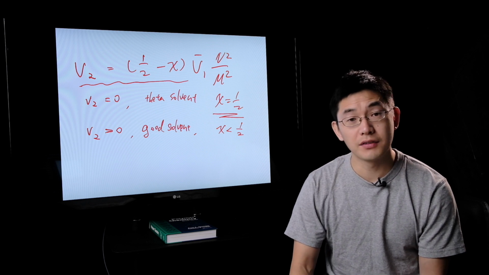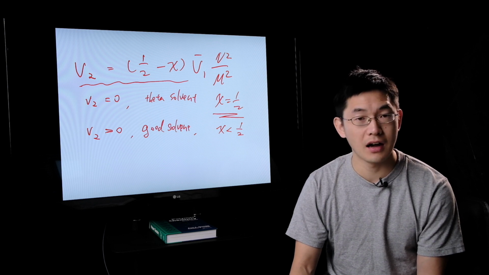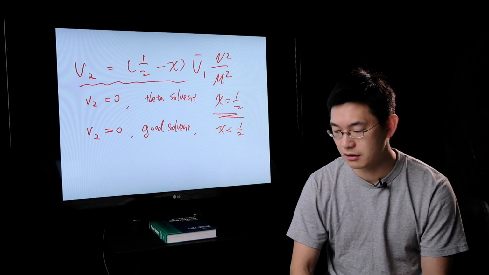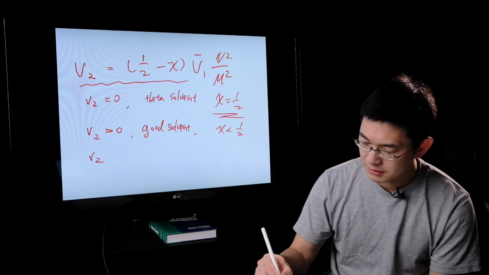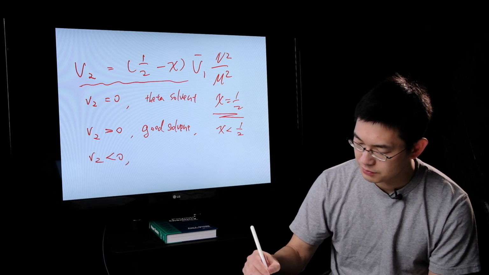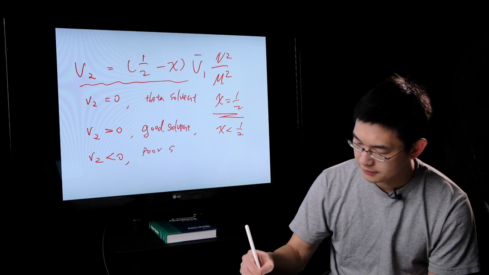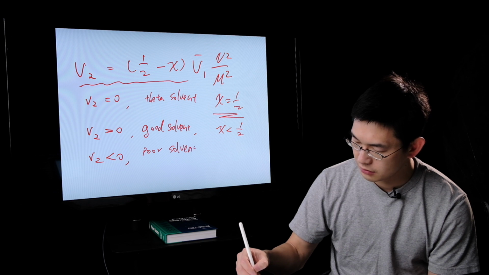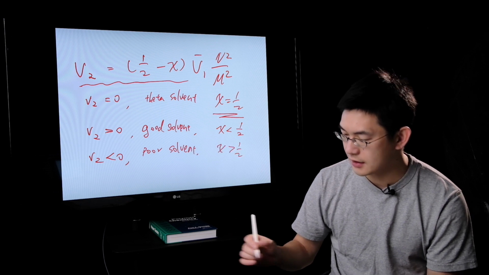If chi is 0.25, it is smaller than half, so it will be a good solvent as well. But when chi is much bigger than 0.5, or V2 is smaller than 0, then we have a poor solvent. That means the solvent is not that good and chi is very big.